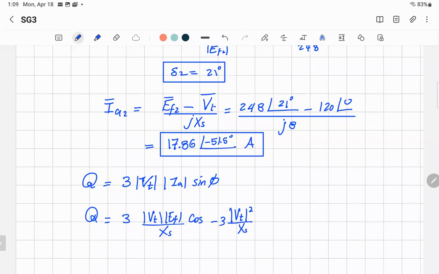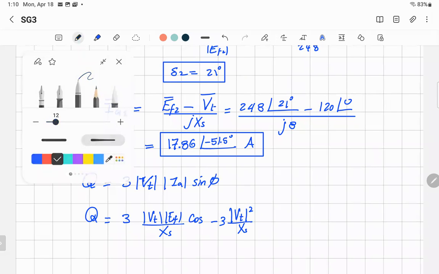So you can use either formula to find Q. This is the first one because you have everything there. But you have to remember, the power factor is not fixed in this case. When the magnitude of the current changed, phi changed. So that's your new phi, 51.5. So I will just use the top one.